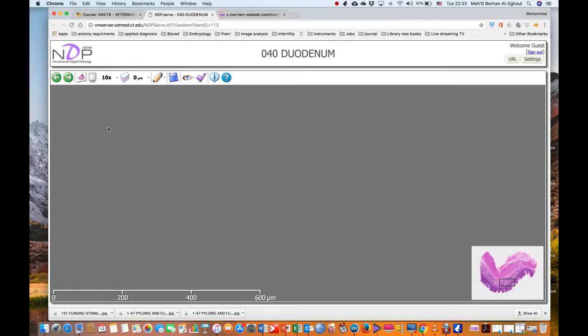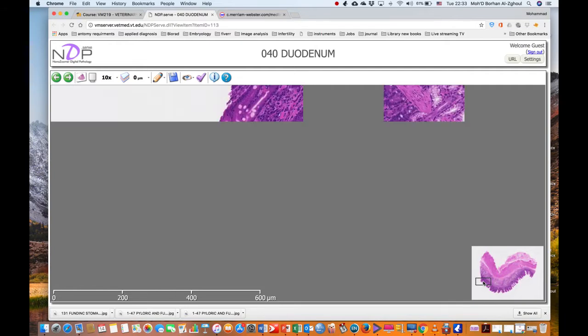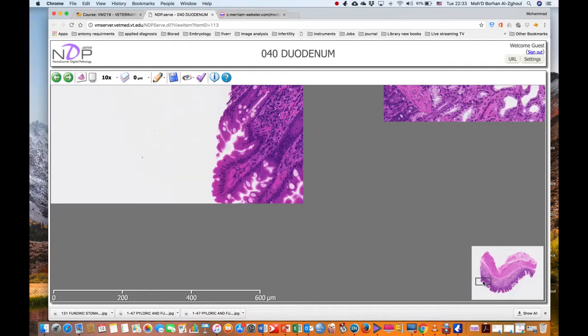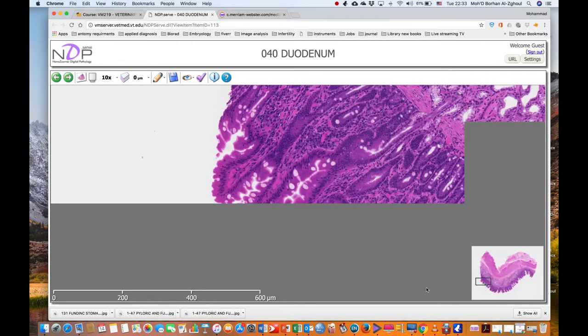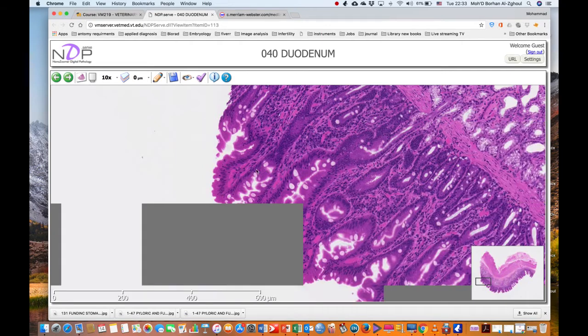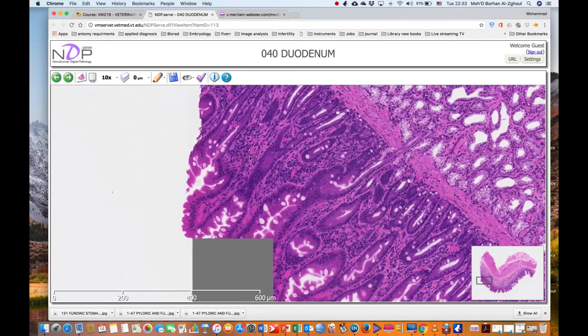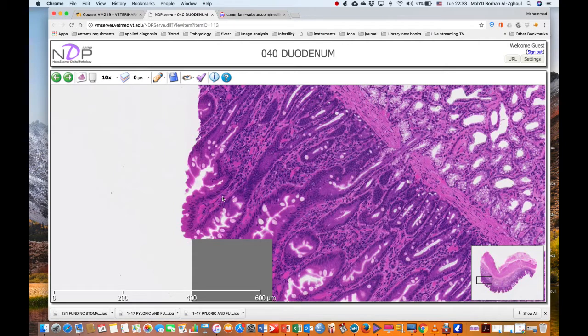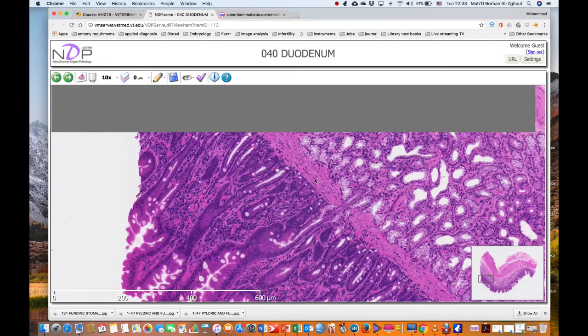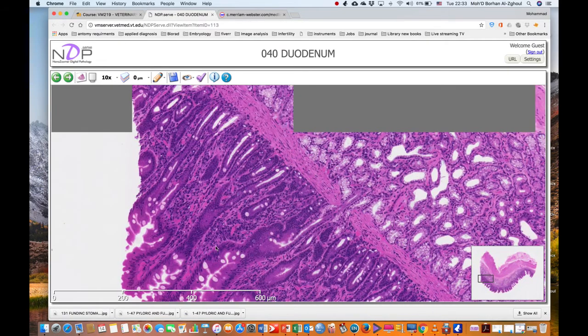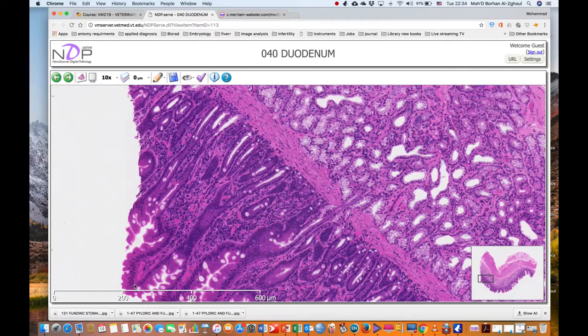If we increase the magnification again, this is the area of the epithelium, and you can see here at the middle, the area of the lamina propria, loose connective tissue, very cellular, highly vascularized, and the area here we have the muscularis mucosa. All these white cells are fat cells.